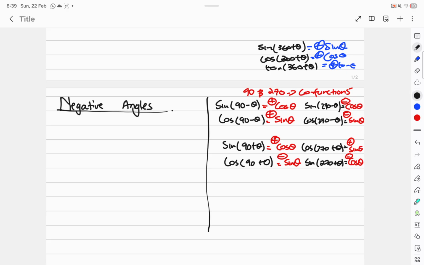And let's do a bit. There will also be a video just solving sums with negative angles, but let's do basic ones for now. Cos of negative, and then the sine of a negative, and then maybe sine negative.